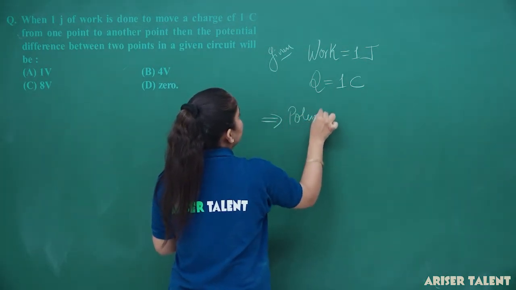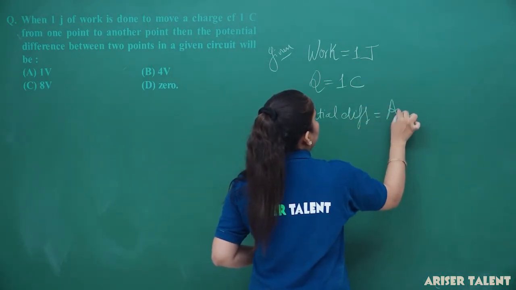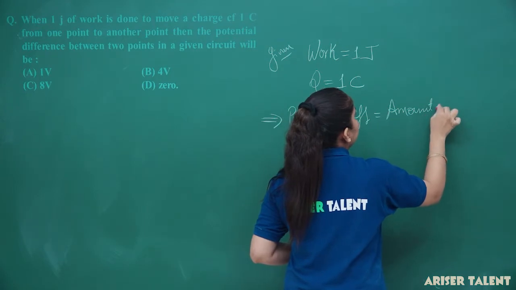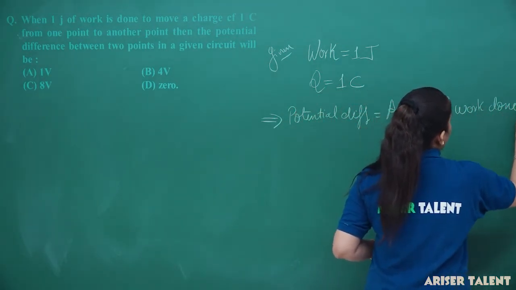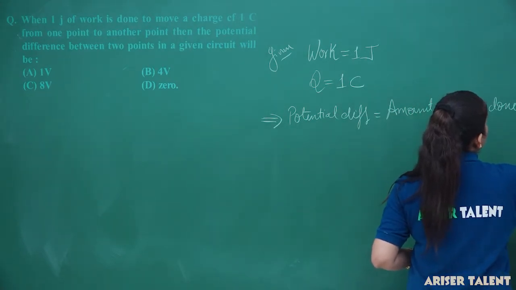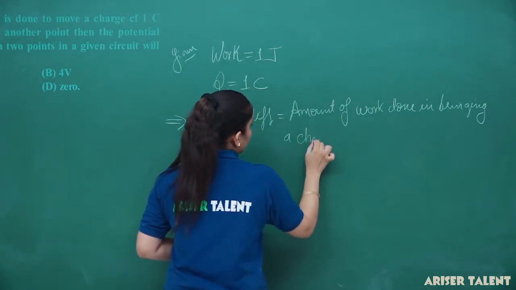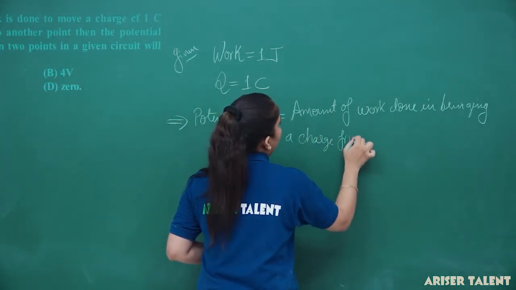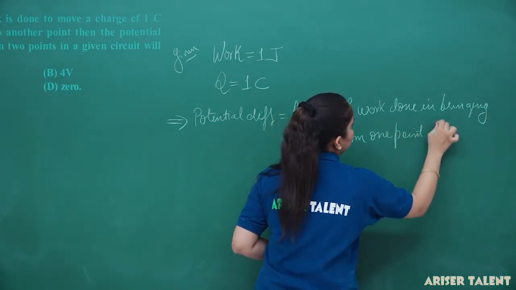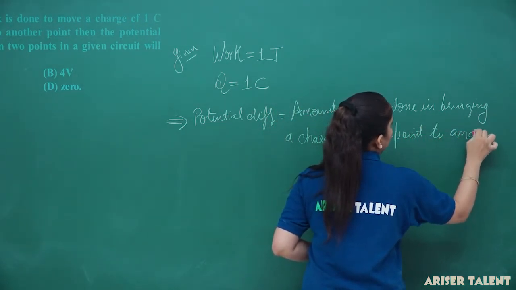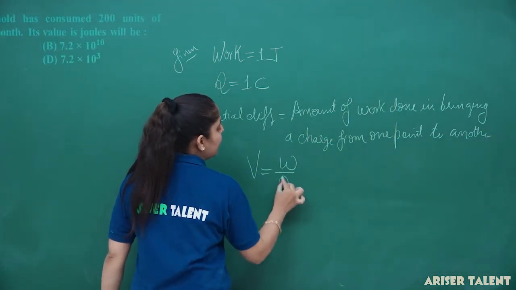So, potential difference is the amount of work done in bringing a charge from one point to another. Value of potential difference will be work done per unit charge.